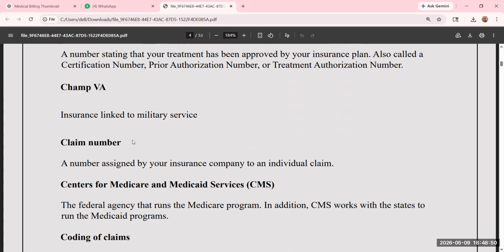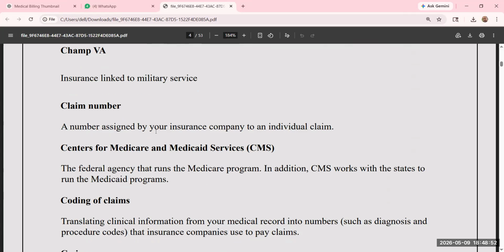Claim number, as I told you, is a number assigned by your insurance company to an individual claim. A claim number is generally created at the date of service, the day the patient and provider give the service or treatment. One date of service has one claim number, so a claim number is assigned for the visit.